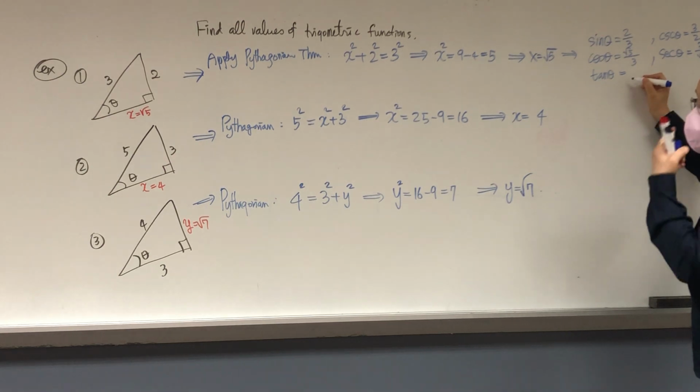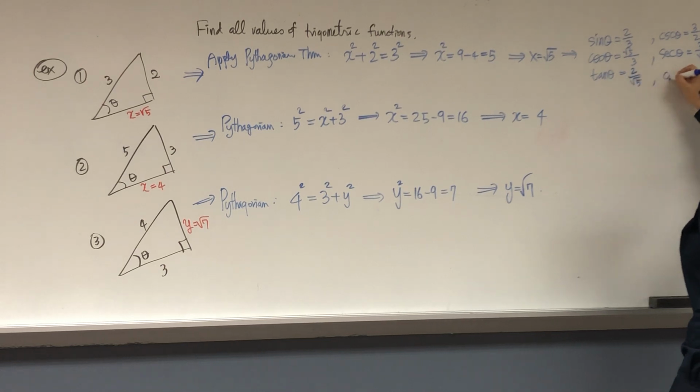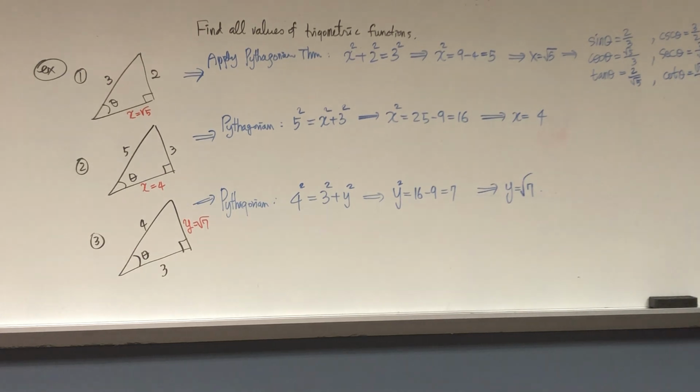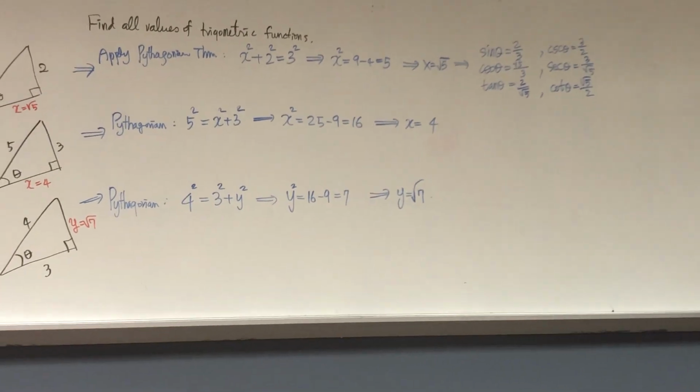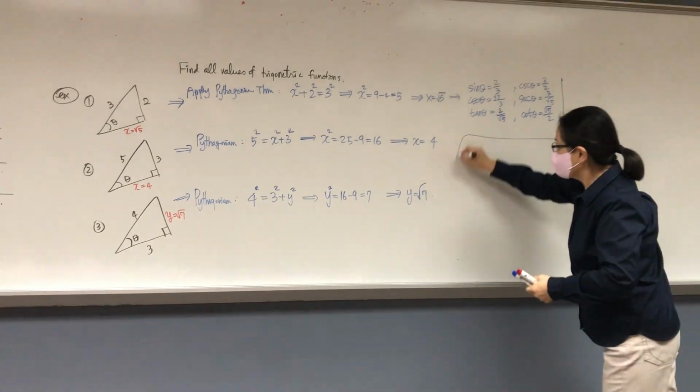Tangent? So 2/5. So what is cotangent? 5/2. That's it. Everything is the same. I don't want to go through it because you already know that, isn't it? Nothing hard. So yeah, you can handle this.